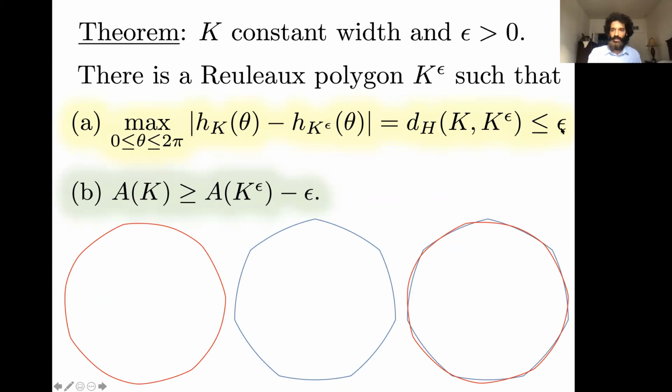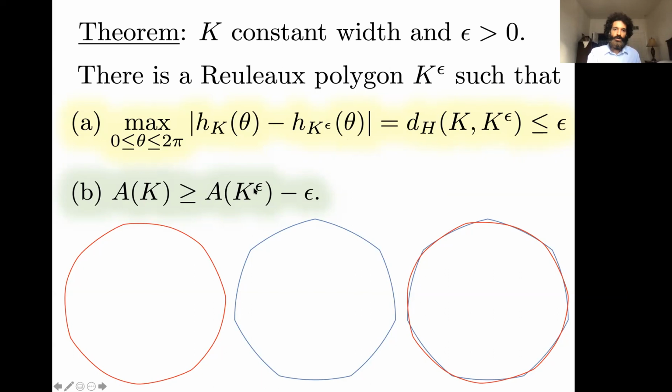This distance actually induces what's known as the Hausdorff distance between convex sets. If you don't know about that, don't worry about it. But the support functions have to be close. And moreover, the area function is continuous with respect to this distance, if you will.